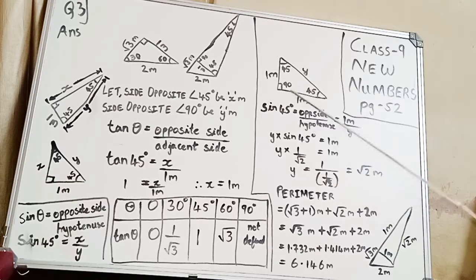So you have got what is Y, root 2 meter. This is 1 meter, and this is 1 meter.